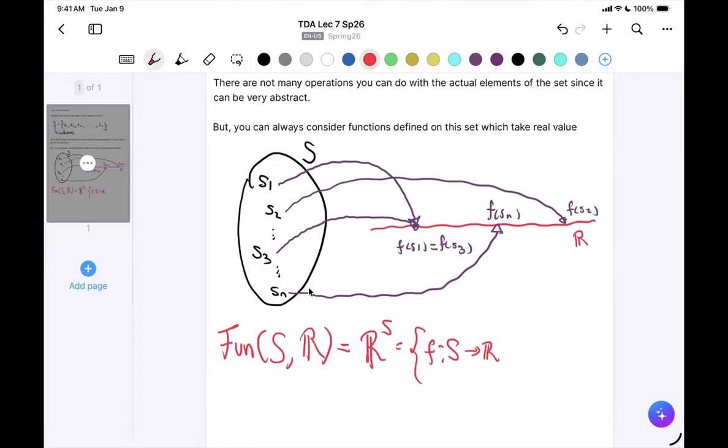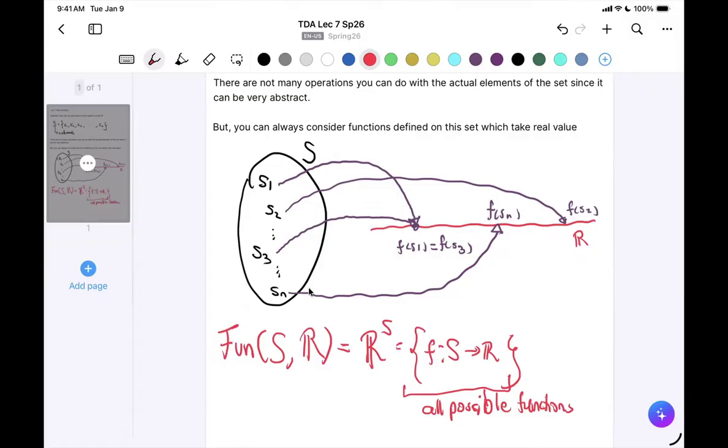So it's just all the possible functions, basically. Is that okay? Does that make sense?